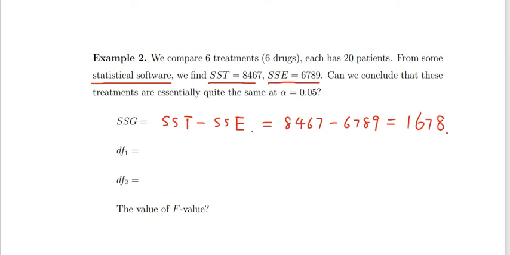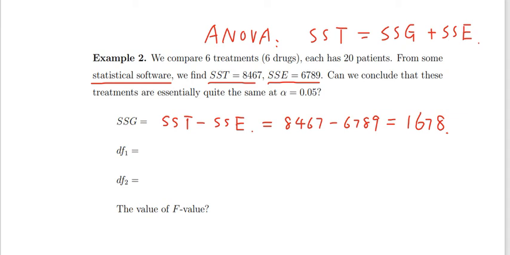This is ANOVA, you should remember ANOVA. Here it is just equal to SST. We split SST into two parts, SSG plus SSE. This is ANOVA.